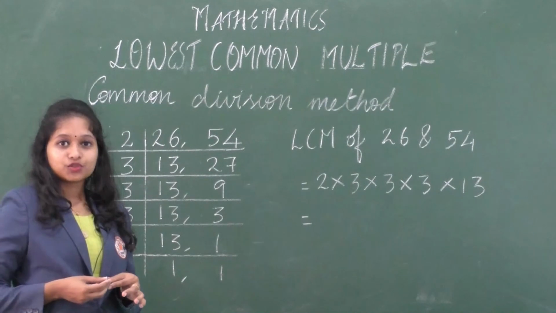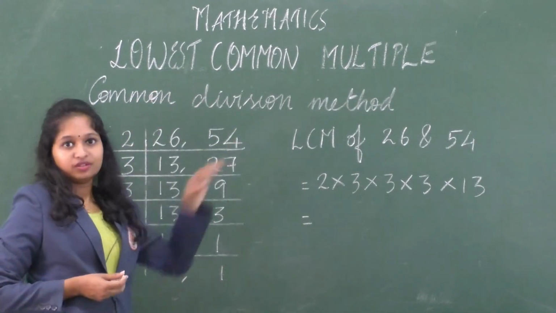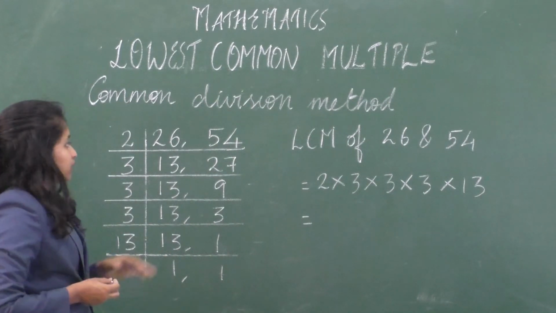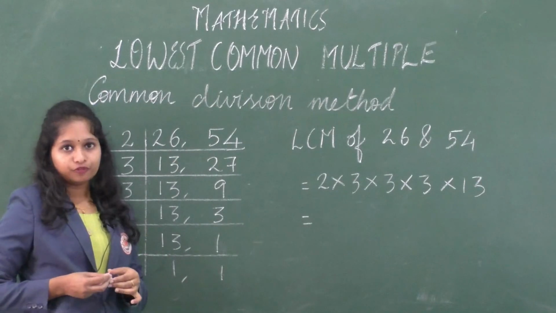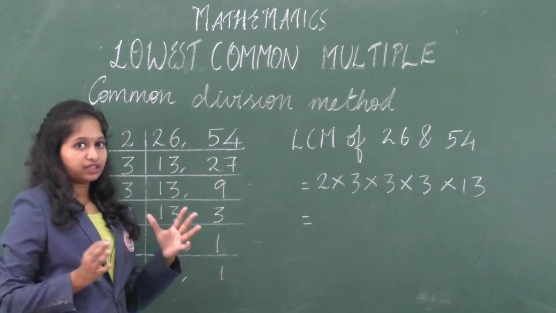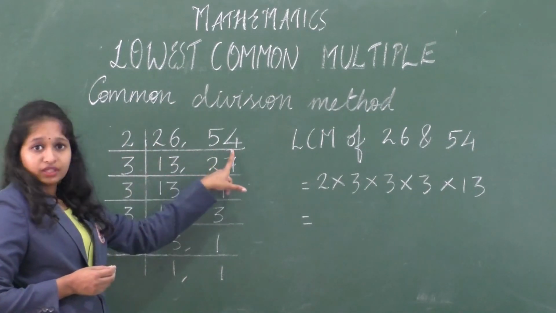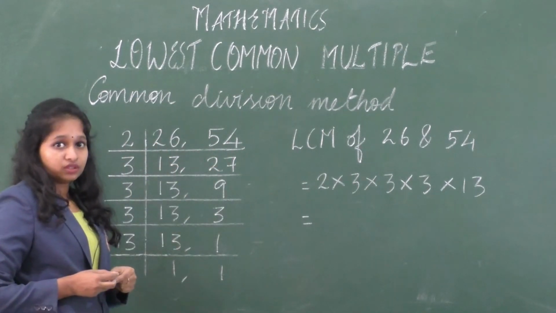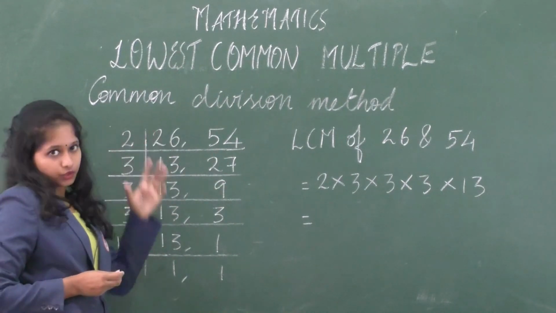Now let us move on to the next method, that is the common division method. I have an example of 26 and 54. We have taken the numbers together. Which number are both the numbers divisible by? 26 and 54 are divisible by 2.